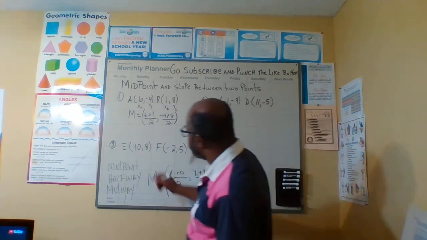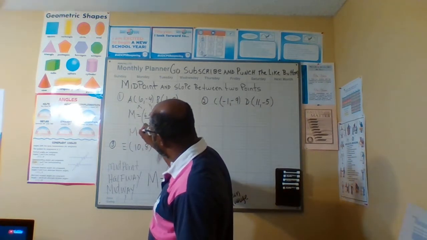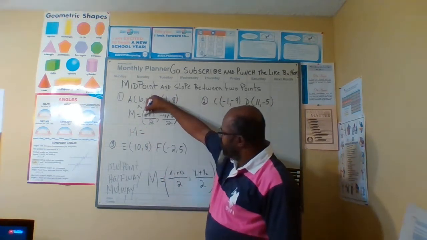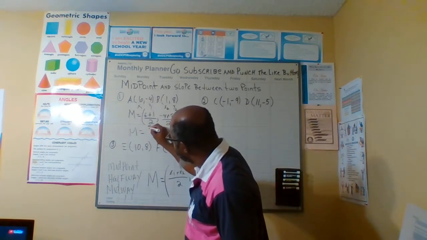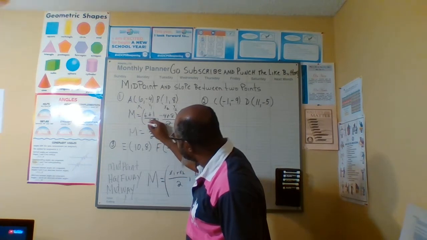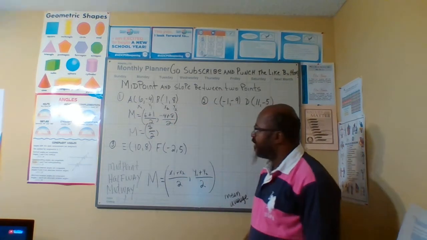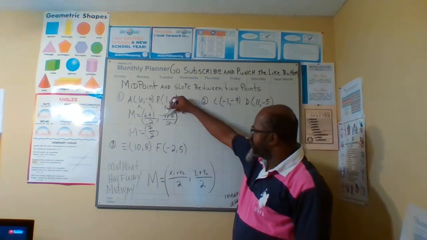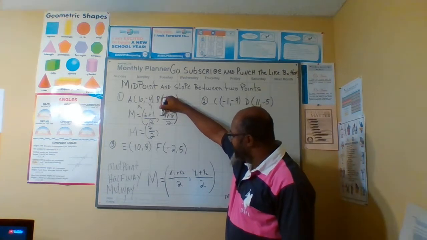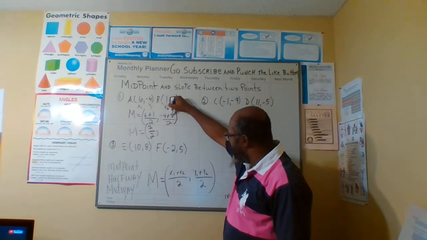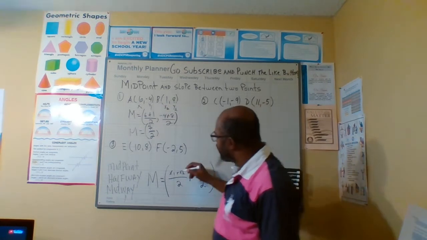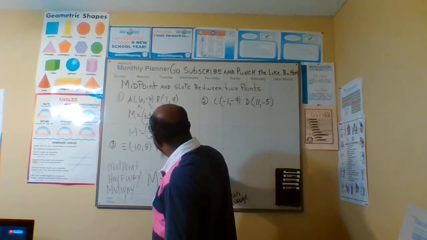Now I have to simplify it. So M equals 6 plus 1 is 7 over 2. This is where many of you, if you are following with the integers, have a negative 4 plus 8. So I'm going to subtract 4 from 8. That will give me a 4, divided by 2.